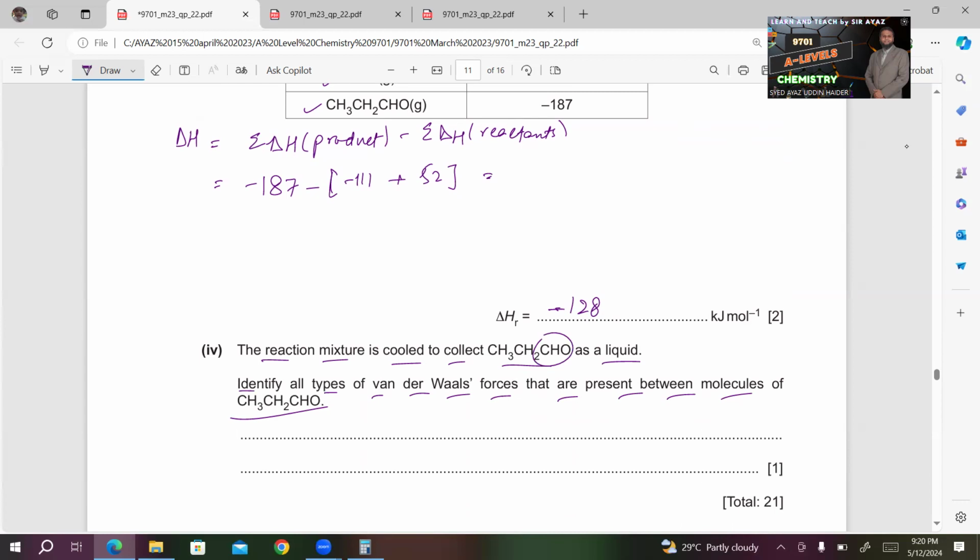So you write instantaneous dipole and induced dipole and permanent dipole.